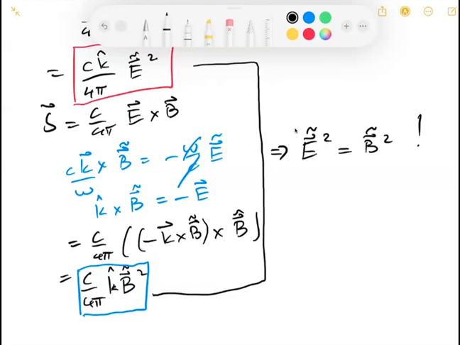The B is usually smaller by a c in the SI unit system. So only in CGS. In SI, E is cB. All right.